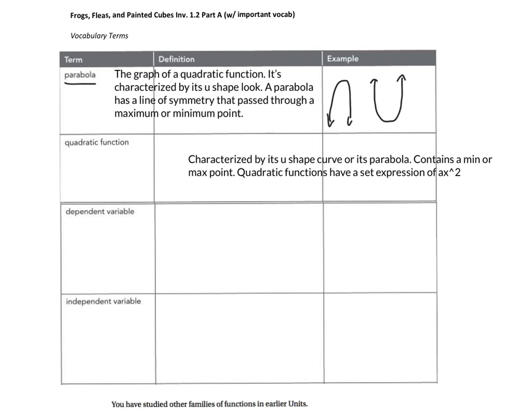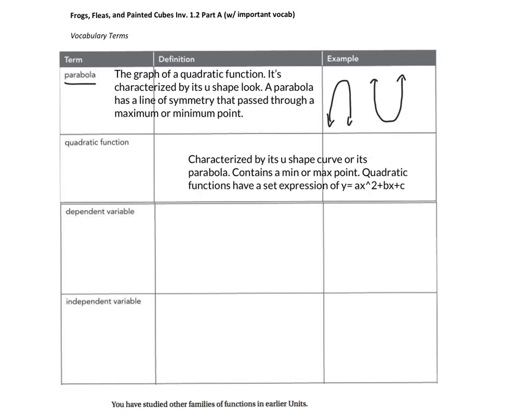So it's ax squared plus bx, no, we wanted bx, not by. Autocorrect, stay out of this. Plus c, right? So it's a set expression of y equals ax squared plus bx plus c.